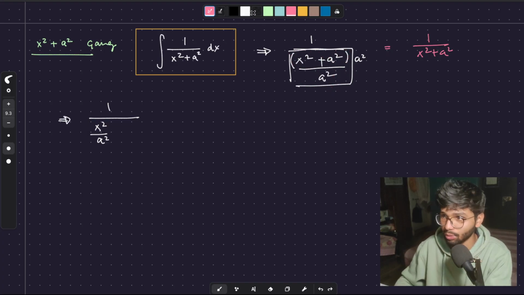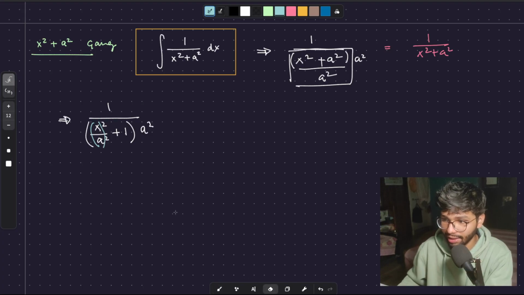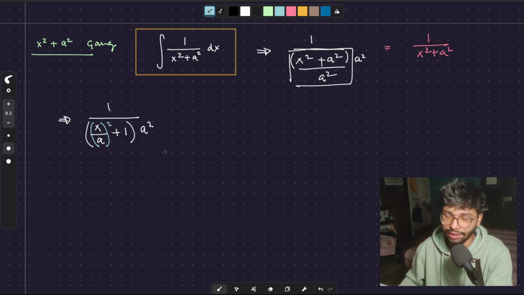So that's what we will get: this thing plus 1 over a squared. You can put a bracket around here as well and erase these squares. Essentially this is x over a, squared. That's it. So we got this one.